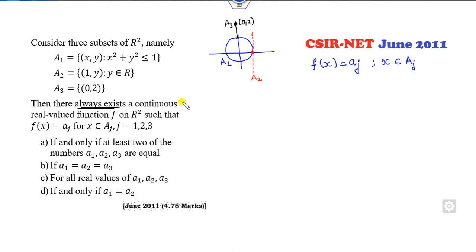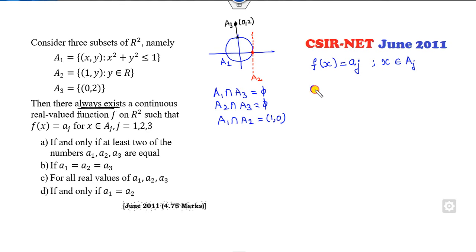Now clearly, look at that, what is the intersection of A1 and A3? It is empty. What is the intersection of A2 and A3? Again empty. What is the intersection of A1 and A2, which is only one element? Fine. So what does it mean?